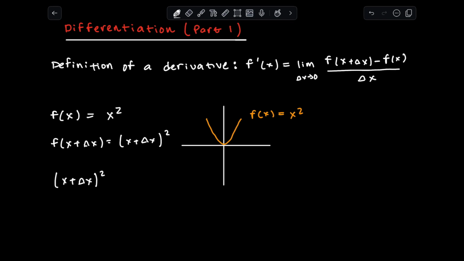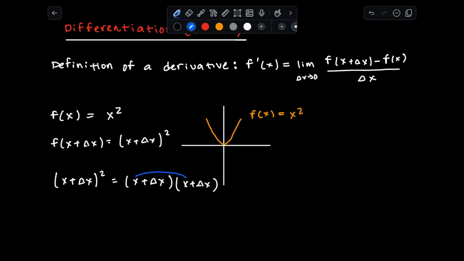From algebra, you know that x plus delta x squared is just x plus delta x times another x plus delta x. And so we'll use FOIL to simplify this expression. We'll multiply x times x, then x times delta x, then delta x times x, and then finish off with delta x times delta x.